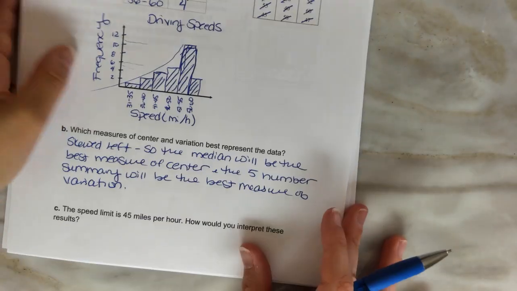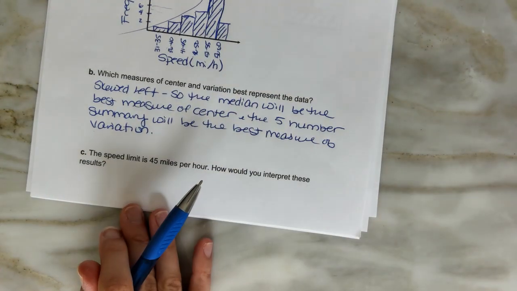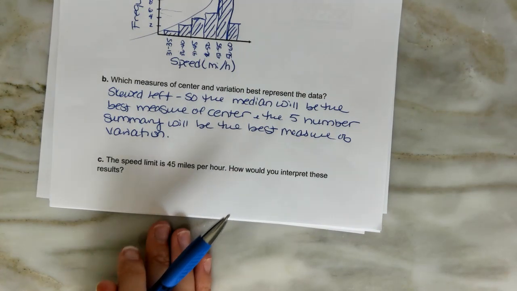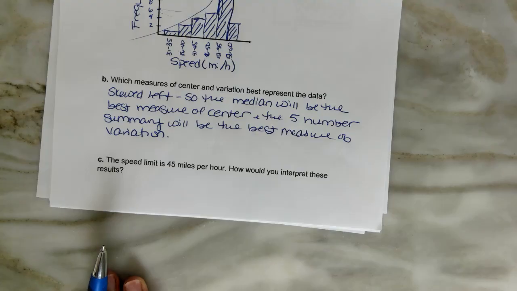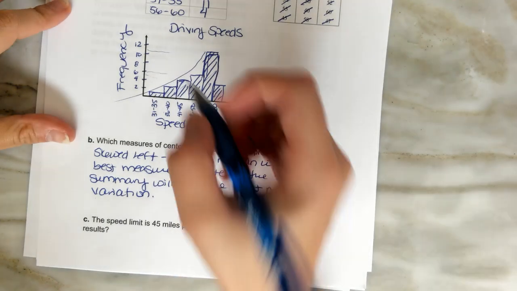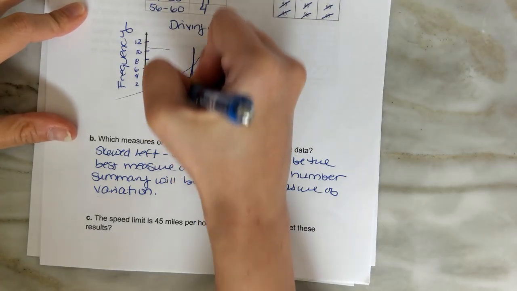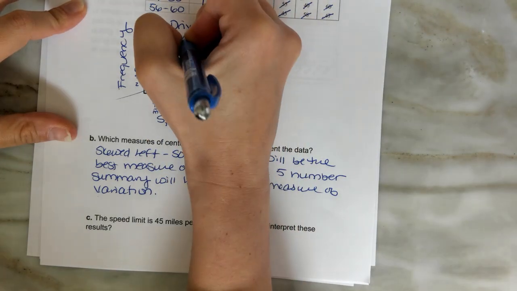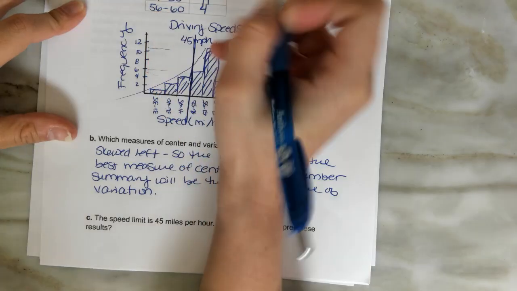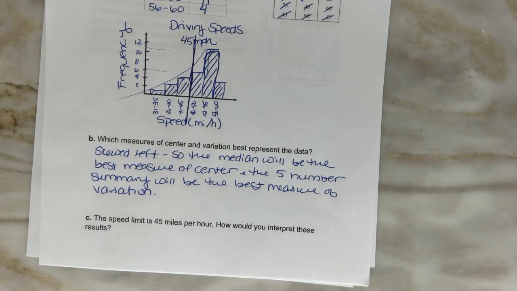So part C then says, the speed limit is 45 miles an hour, so how do you interpret these results? So where does 45 miles an hour fit on this graph? This is 41 through 45, which means this line is basically 45 miles an hour.